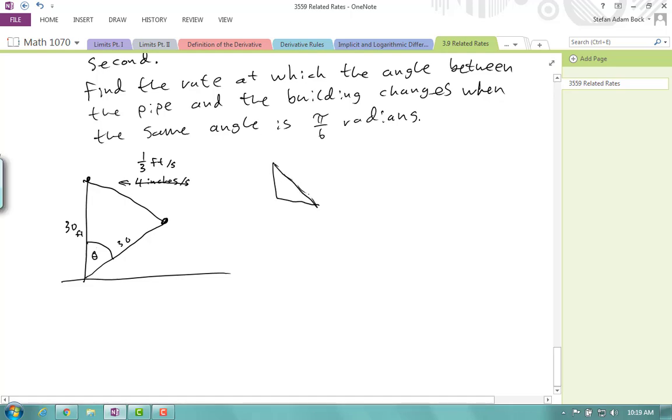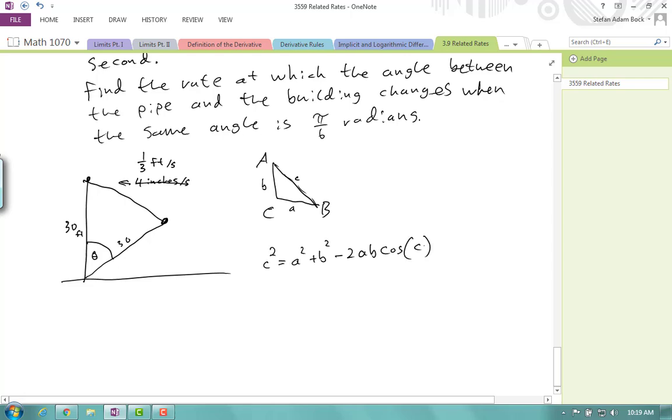If I have any triangle, A, B, C, and I have little a, little b, and a little c, then we have the following modification of the Pythagorean theorem, and that is little c squared, the length of the longest side, or the opposite side of C, is equal to a squared plus b squared minus 2ab cosine of C.